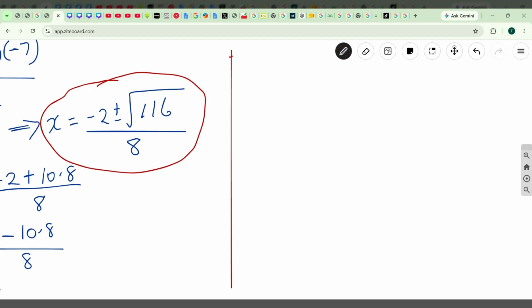So if I have square root of 116, I can transform 116 into a surd form. This can be written as square root of 58 multiplied by the square root of 2. That's one way I can write that.